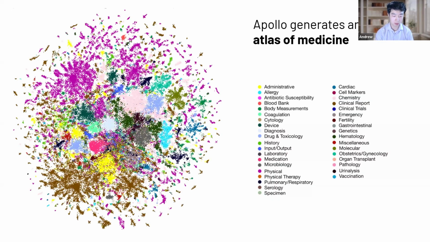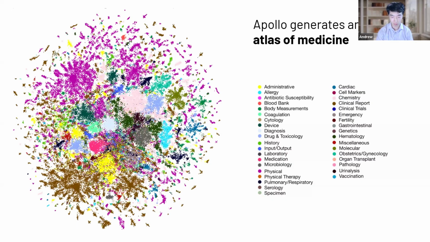This is a UMAP of all the learned event-level embeddings. As I said, the Apollo model compresses the patient timeline in two steps. The first step is to compress the individual events into embeddings. And then all the event embeddings come together to create the patient embedding.